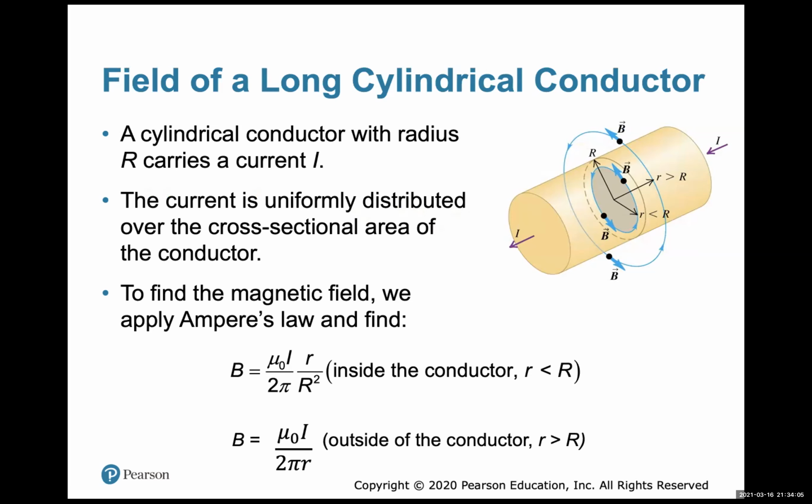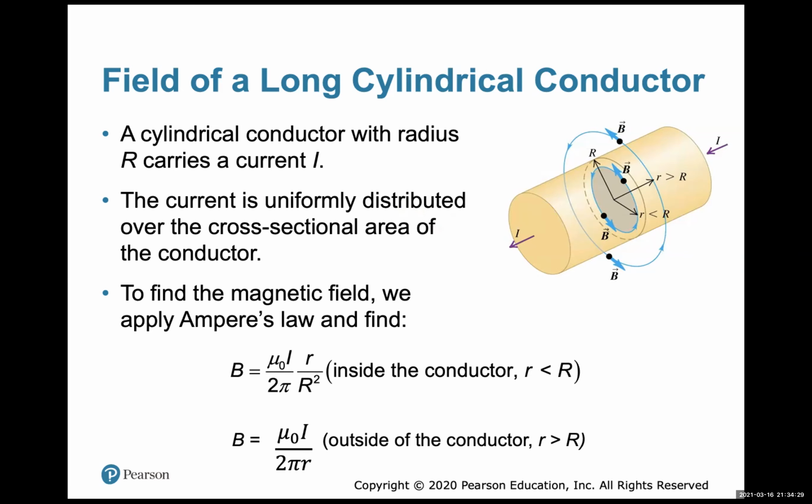A cylindrical conductor with radius R carries a current I. The current is uniformly distributed over the cross-sectional area of the conductor. So we could talk about a current density, and current I is equal to JA. Just the product. We don't need to integrate or anything.